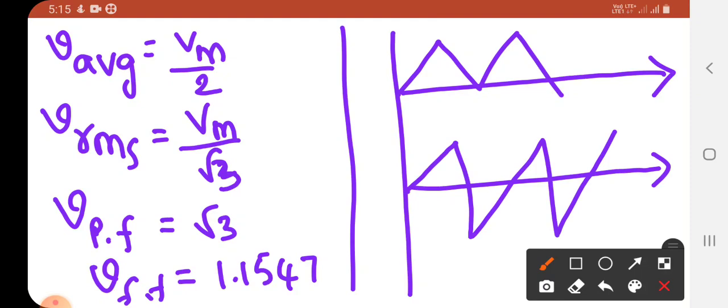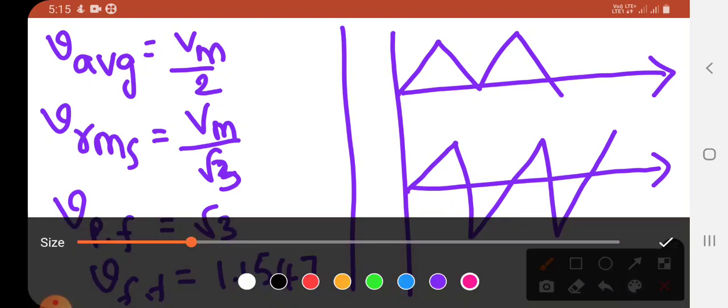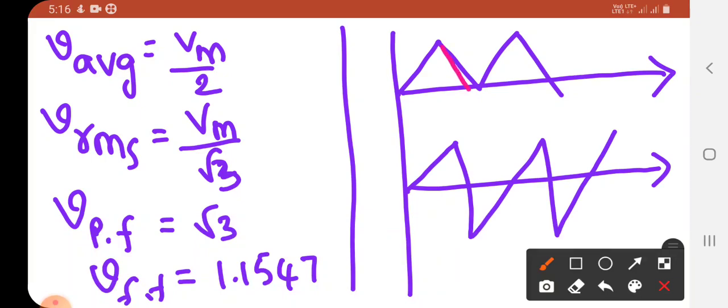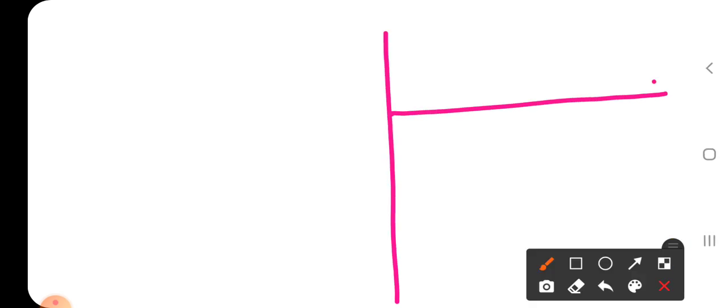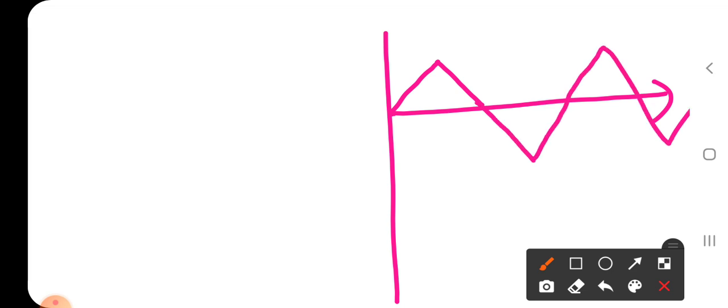Even in some cases you have waveforms like this also. For such a waveform also, the same values you will get.